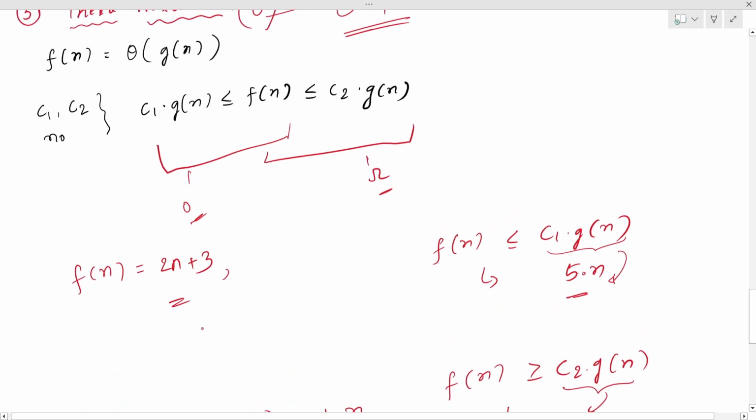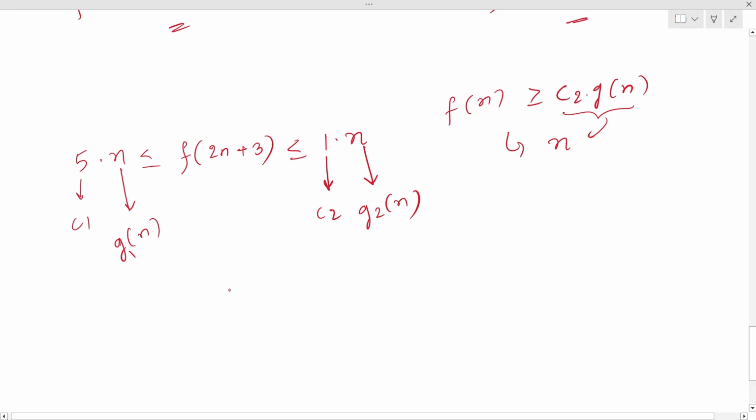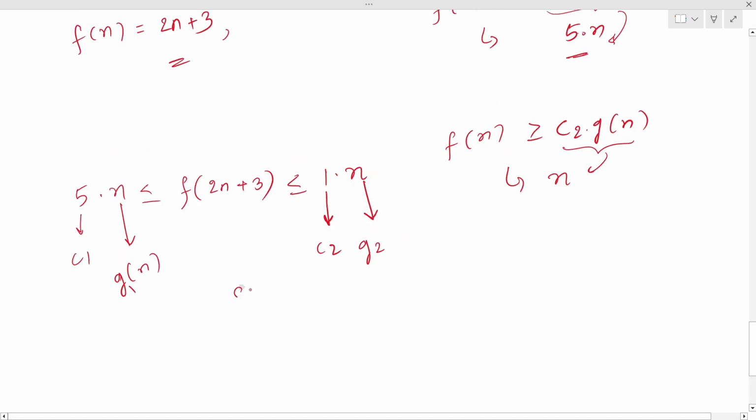Then can you tell me how we can represent this theta notation, right? So I can write this f of n, 2n plus 3, as theta of g of n, right?